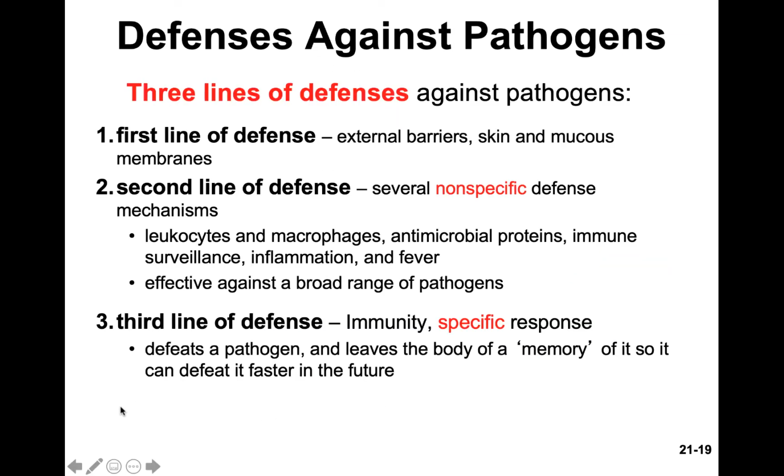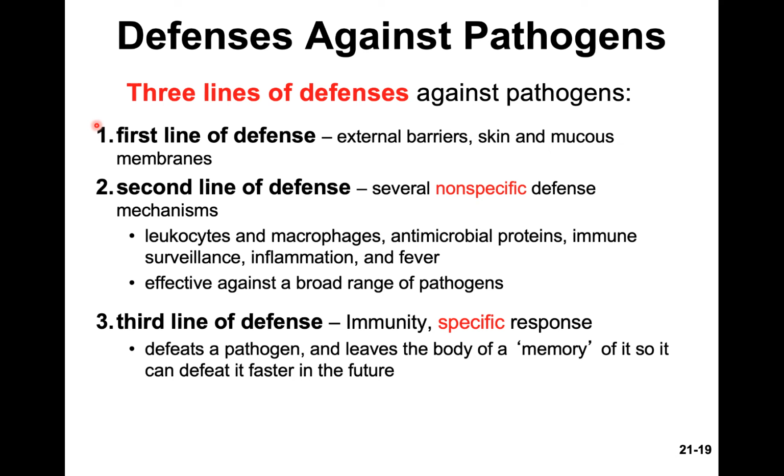So there are 3 lines of defense that are part of your immune system. The first line of defense and second line of defense are both considered non-specific. These 2 lines of defense will fight against any bacteria or pathogen that they identify, and they don't identify specific bacteria or antigen, they just identify anything they don't recognize.